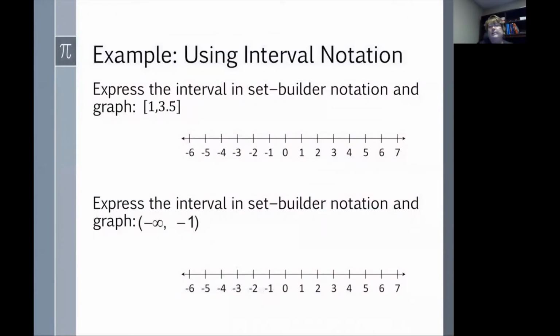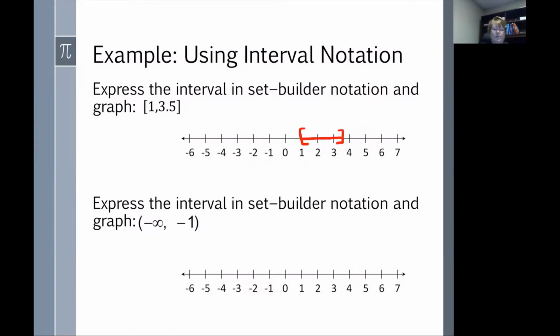All right, so let's see if we can use our interval notation. We're going to graph this and we're going to write set builder notation. And it doesn't really matter what order we do this in. So we have bracket 1, comma, 3.5 bracket. So that is the closed interval from 1 to 3.5. So I would put a bracket at 1, a bracket at 3.5, and it's all the numbers in between.